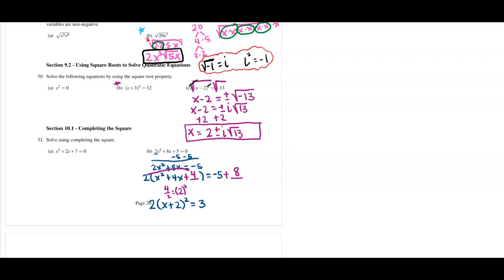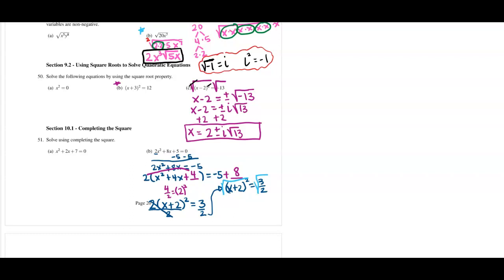If we divide by 2, then I'm left with x plus 2 all squared equals 3/2. Right? And some people are like, oh, I hate these fractions, okay? But don't let it freak you out, right? Our next step, to get rid of that square, we're just square rooting both sides.